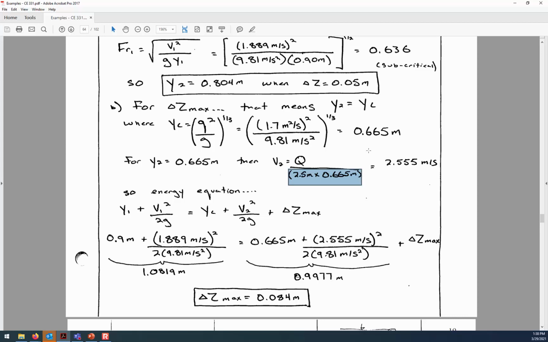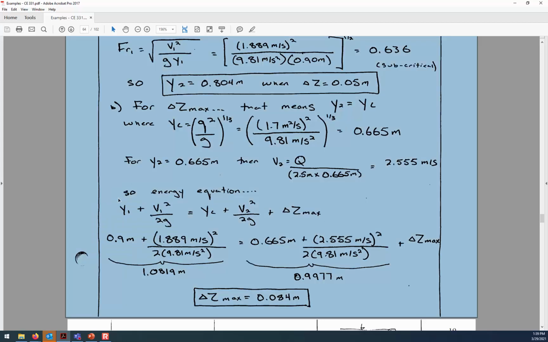So it's going to be flowing at a speed of 2.555 meters per second. And so the energy equation is specific energy at 1 minus delta Z equals the energy at 2. If we're subtracting the delta Z on the left-hand side of the equation, then we could add it to the right-hand side, which is how I've written it here.